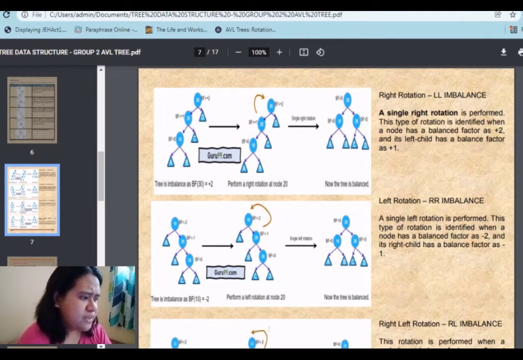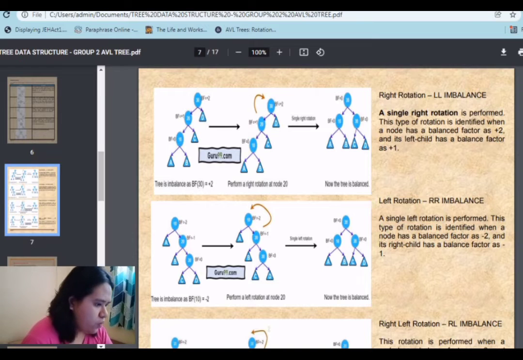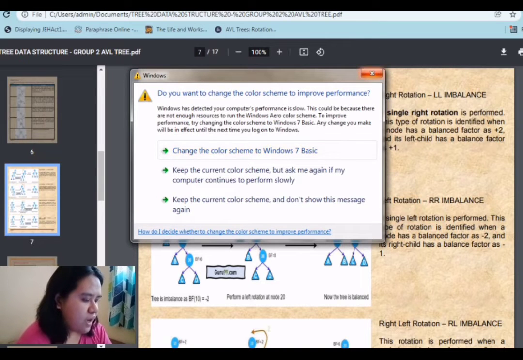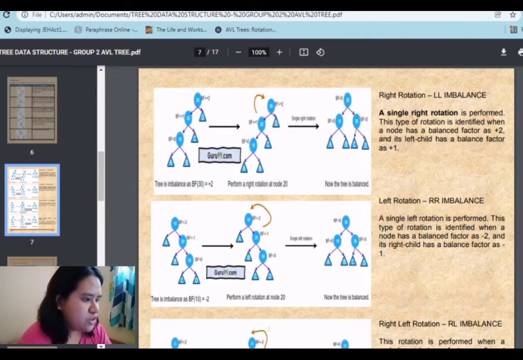This type of rotation is identified when a node has a balance factor of negative 2 and its right child has a balance factor of 1. So we are just going to follow the arrow, making 20 the root node. After the single left rotation is performed, 20 is now the root node, while 10 is the left child and 30 is the right child.